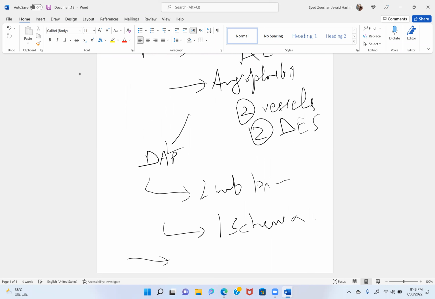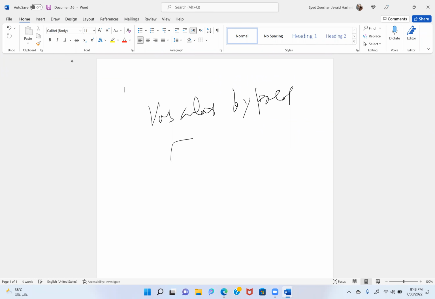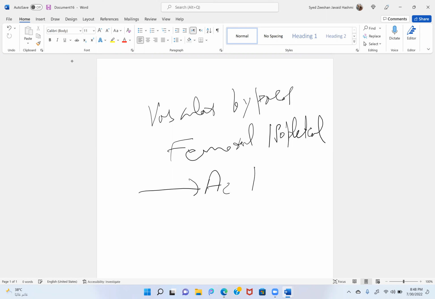The vascular surgeon wants to do the embolectomy, that is, a vascular bypass, either femorofemoral or popliteal. So first of all, this is an acute MI. What sort of surgery is it?